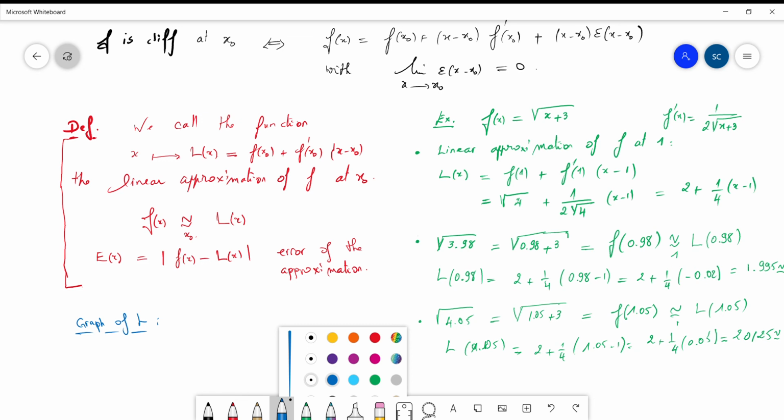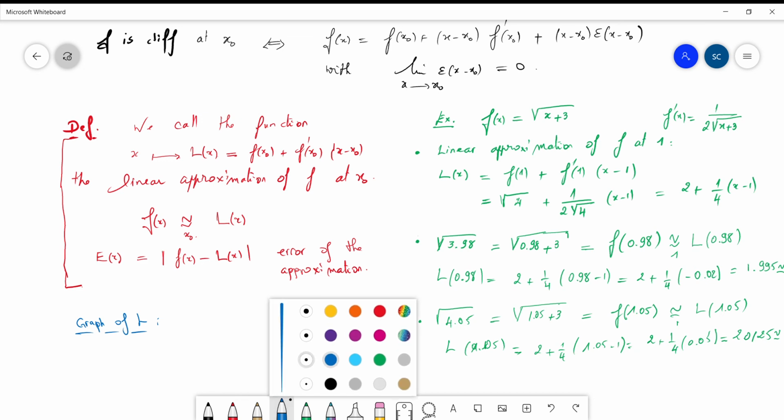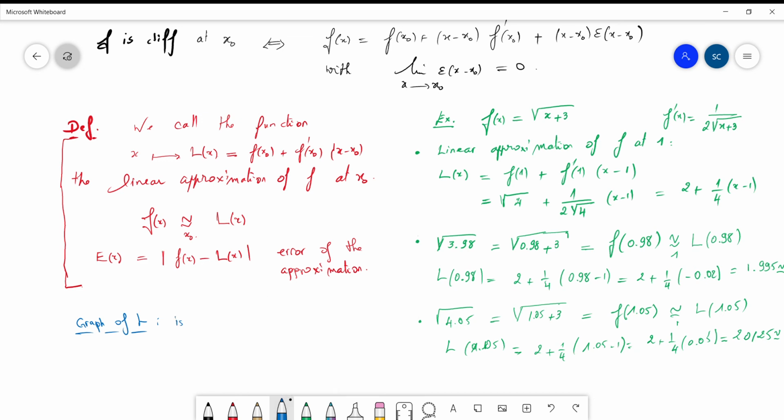The graph of L is the tangent line at x0 to the curve y equal f(x).